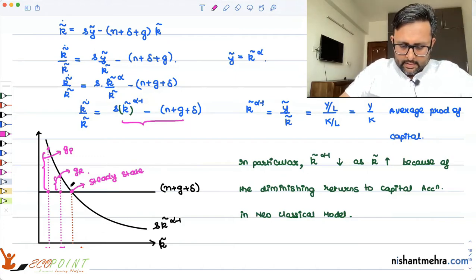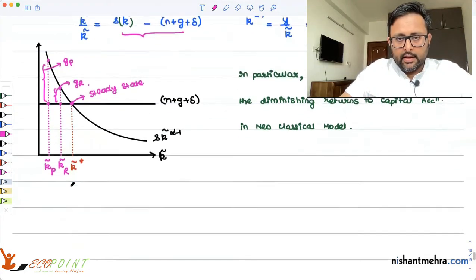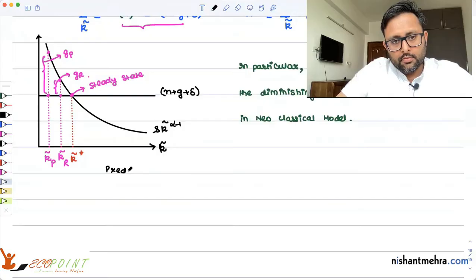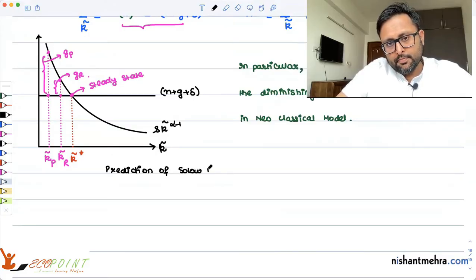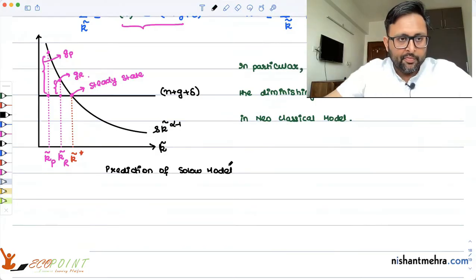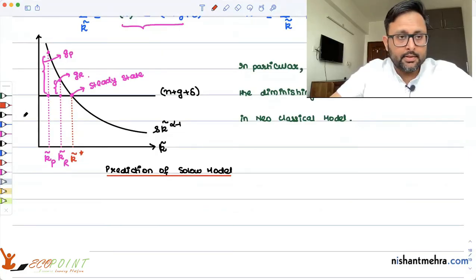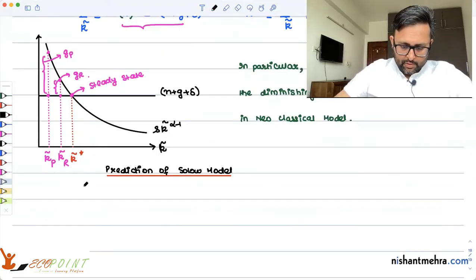That's an idea. So this is the important prediction of the Solow model. Please write this, and if possible, please write this in your answer also.